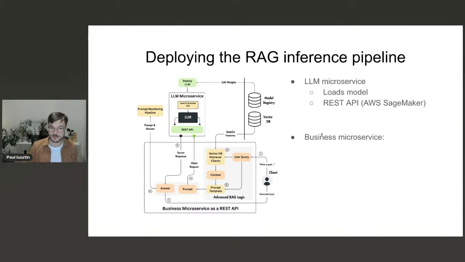While the business microservice, where you have stuff like RAG or monitoring, is mostly CPU and IO bound, because you take a client request, right? You do some API calls to other services, which are IO bound. Then you do an API call to the vector DB, which is IO bound. Then you aggregate the data, do some string concatenations and that kind of stuff, which is CPU bound.